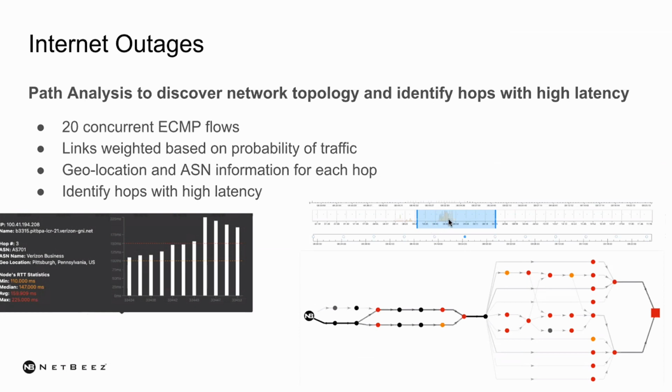After a couple of minutes, that problem went away and things went back to normal. So this is the ability to identify and visualize issues that have to do with the ISP that the user is using.